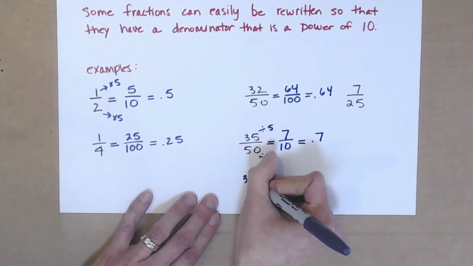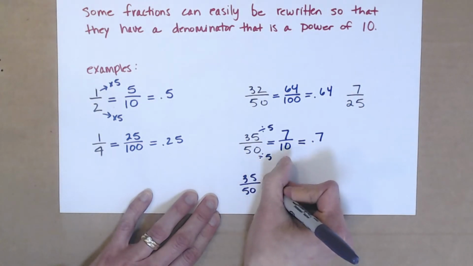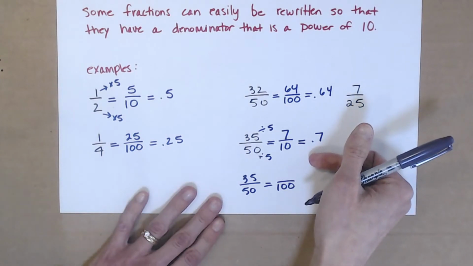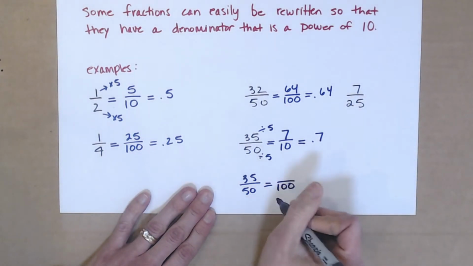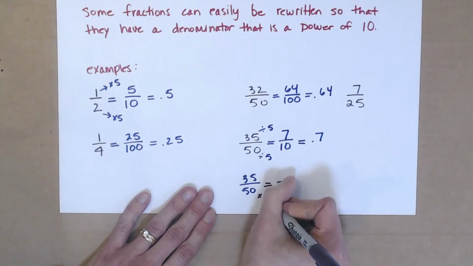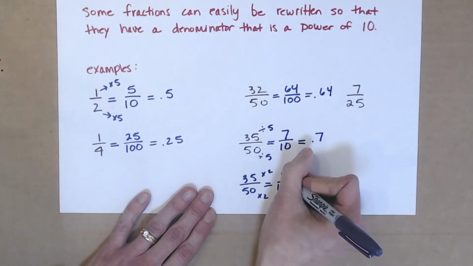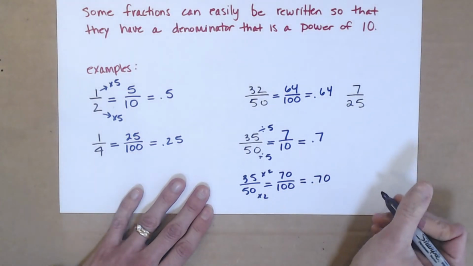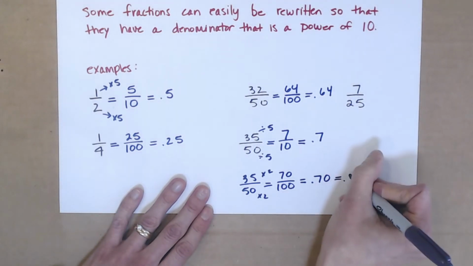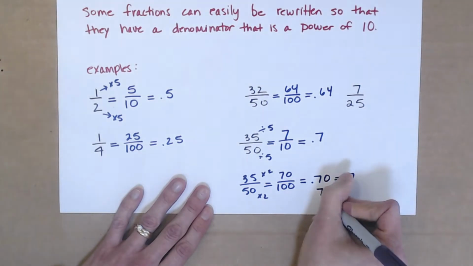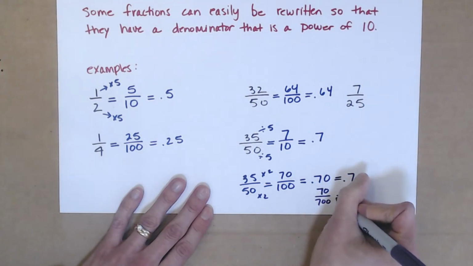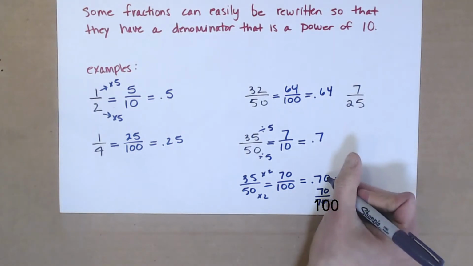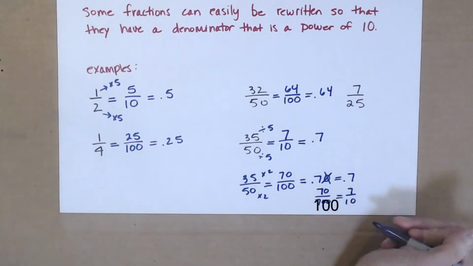Or we could have gone up to 100, which is also a power of 10, so easily rewritten in decimal format. So here we would say 50 times 2 is 100, and 35 times 2 is 70. 70 hundredths would be 0.70, which is the same as 0.7, because 70 hundredths is the same as 7 tenths. It's just a simplified format. We don't need this extra 0.